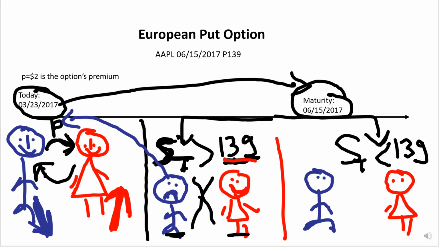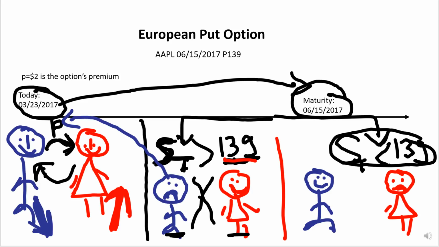Let's see what happens if the stock price is, however, below the strike. Then we have the opposite situation, where the long investor is happy and the short investor is upset. And why is that?